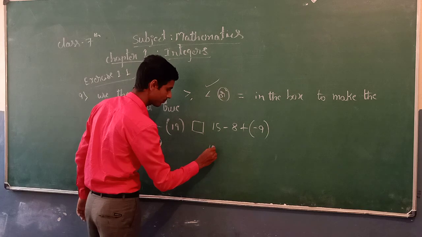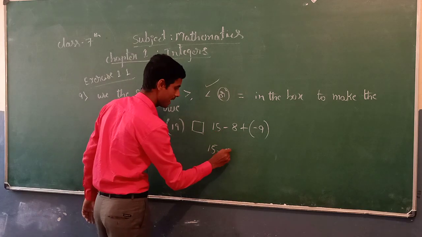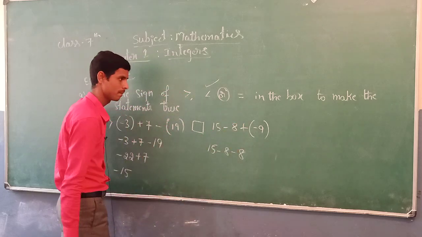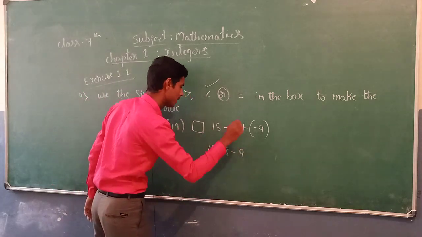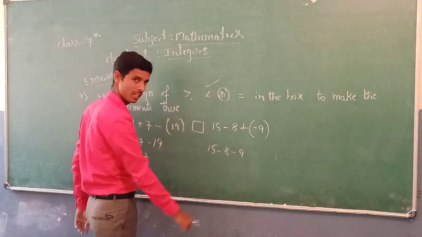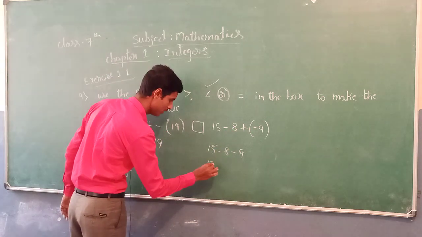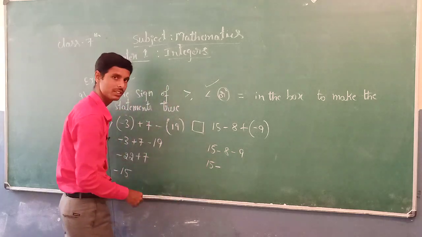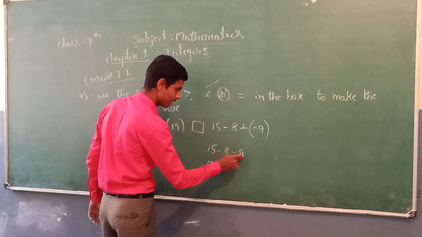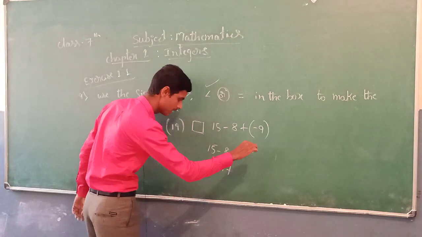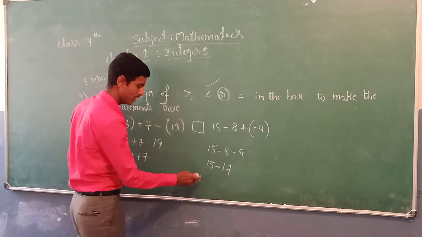Here we will see what we will get. 15 minus 8 plus into minus is minus, so this is 9. Minus 8 as it is, plus into minus is minus. Both have a minus sign, so we can add them. 8 plus 9 is 17.